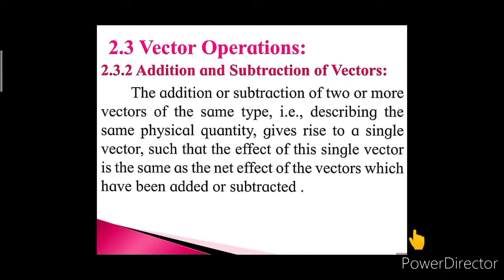For example, force F1 vector and force F2 vector can be added to give the resultant force, and hence we can write vector F is equal to vector F1 plus vector F2. So vector quantities of the same type, that is describing the same physical quantity, can be added or subtracted. That means a force vector cannot be added to or subtracted from a velocity vector.